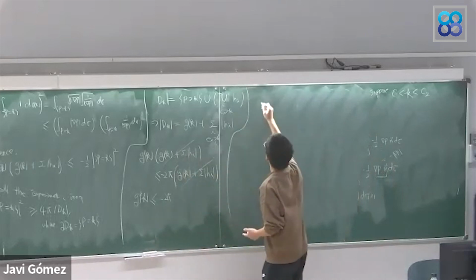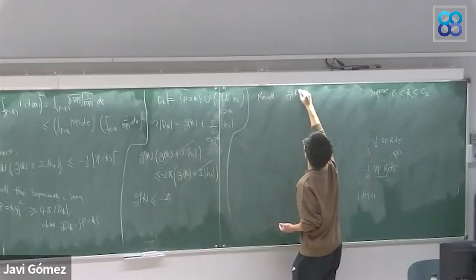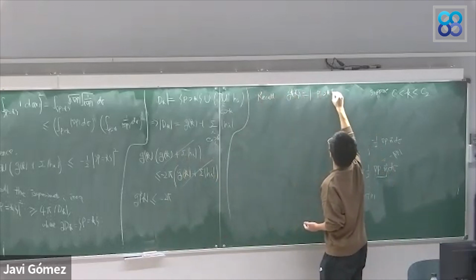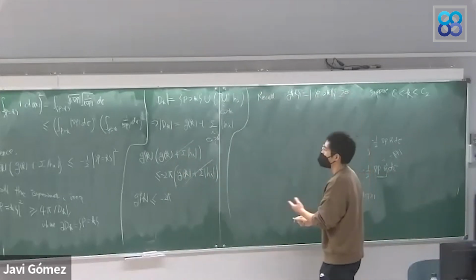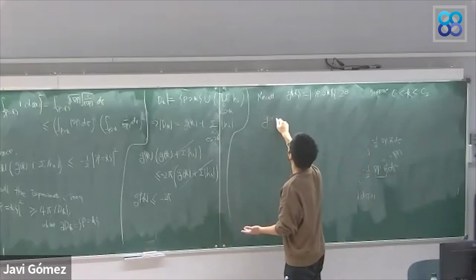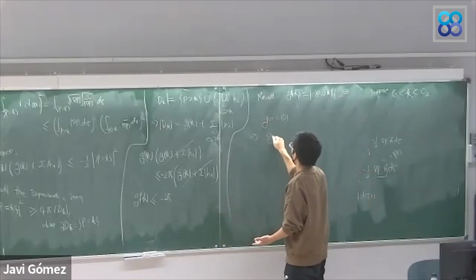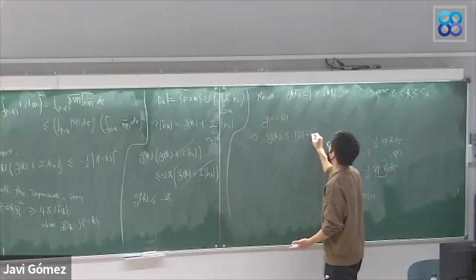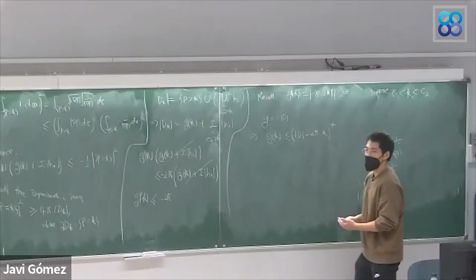So let's recall the definition of g(k). g(k) was the area of the super level set. This is always a non-negative number. Also we have that g(0) was the area of the patch. And then g(k) is always less than or equal to D minus something. Okay, we take only the positive parts.